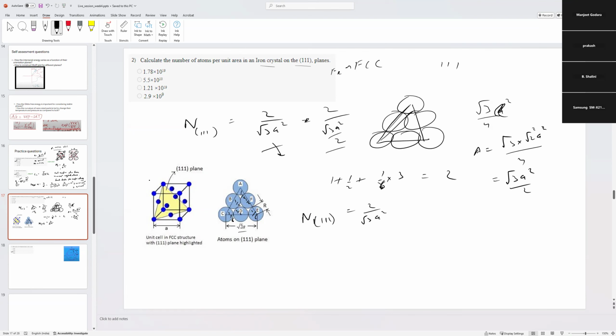And the lattice parameter for iron is 3.09 angstrom.